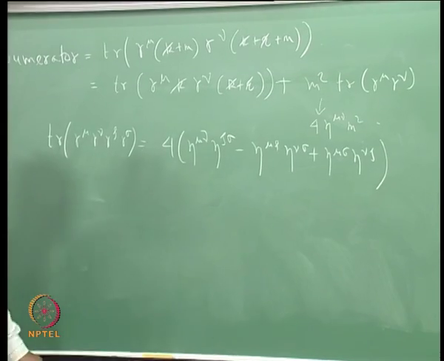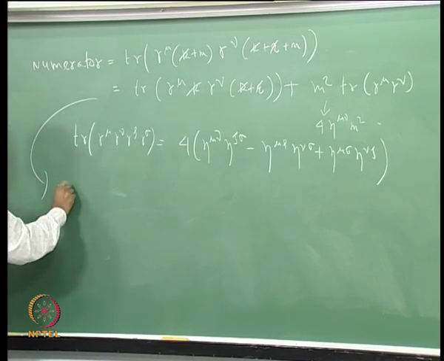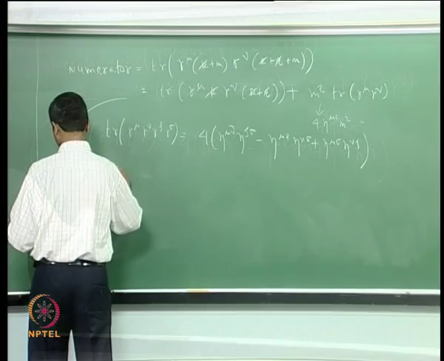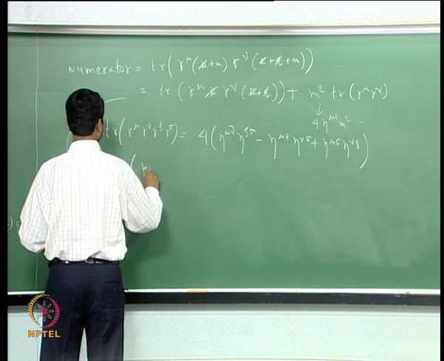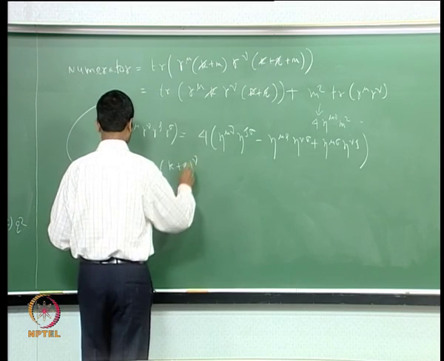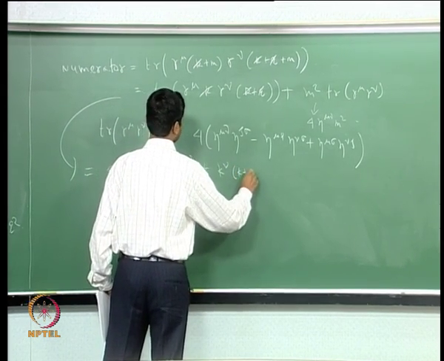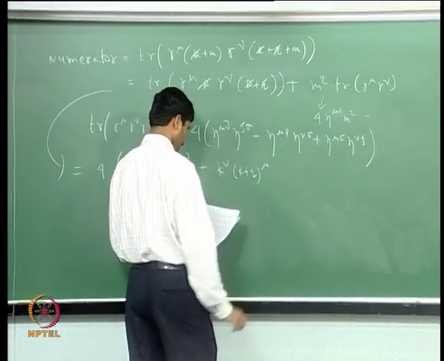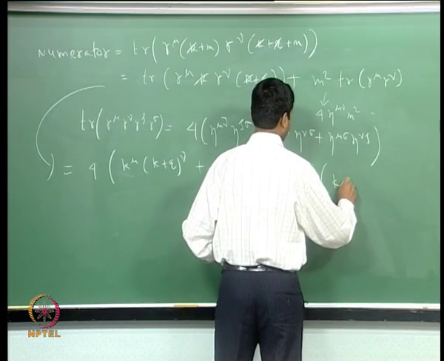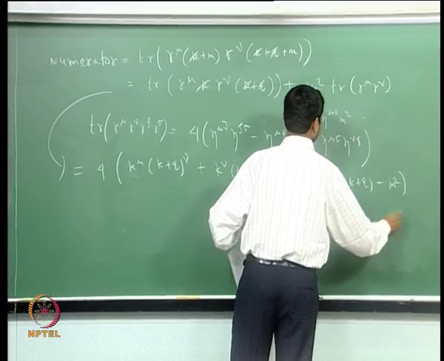So, this is what we already know. Using this we can simplify, and finally what we will get is 4 times k mu k plus q nu plus k nu k plus q mu minus eta mu nu k dot k plus q minus m square.